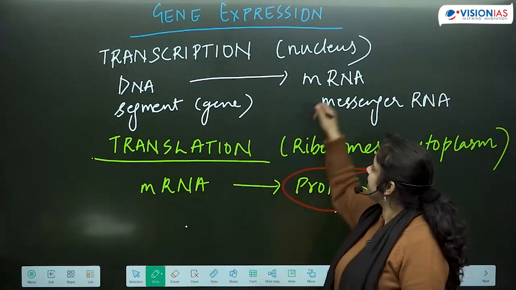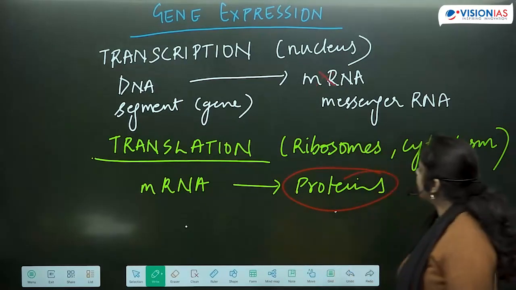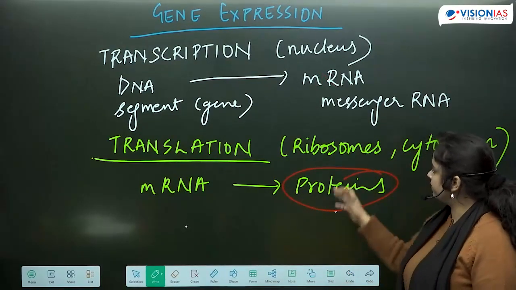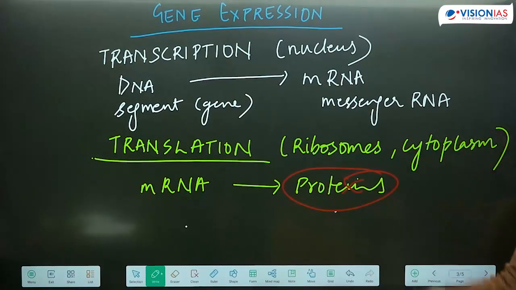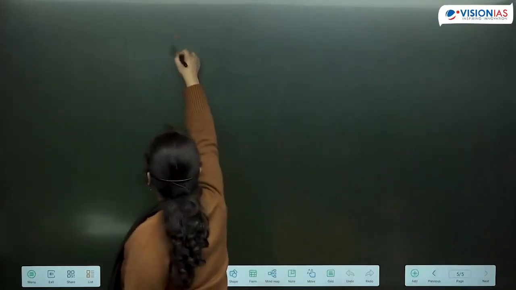Either you don't let RNA be made from DNA at all, or if RNA is made, then you find a way so that the RNA does not change to proteins. When you do that, we say we have silenced a gene.